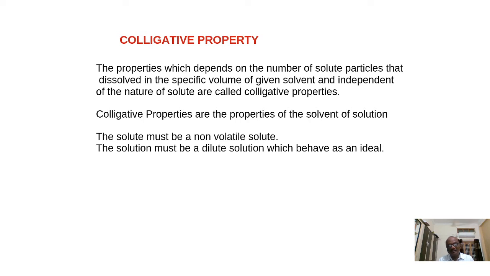So colligative property depends only on the number of solute particles and is independent of the nature of solute particles, whether they are present in the form of ions, molecules, or groups of ions. That will not influence these properties. It depends only on the number of solute particles.